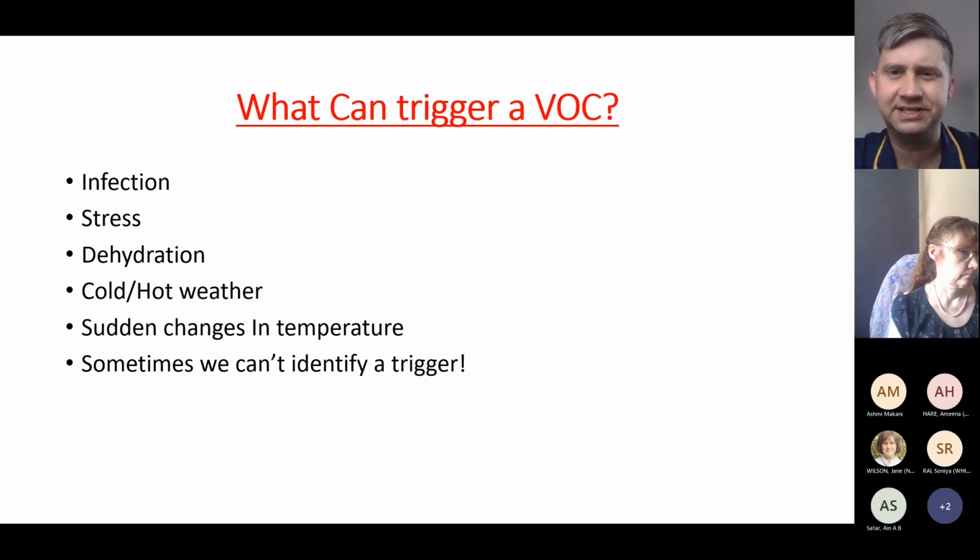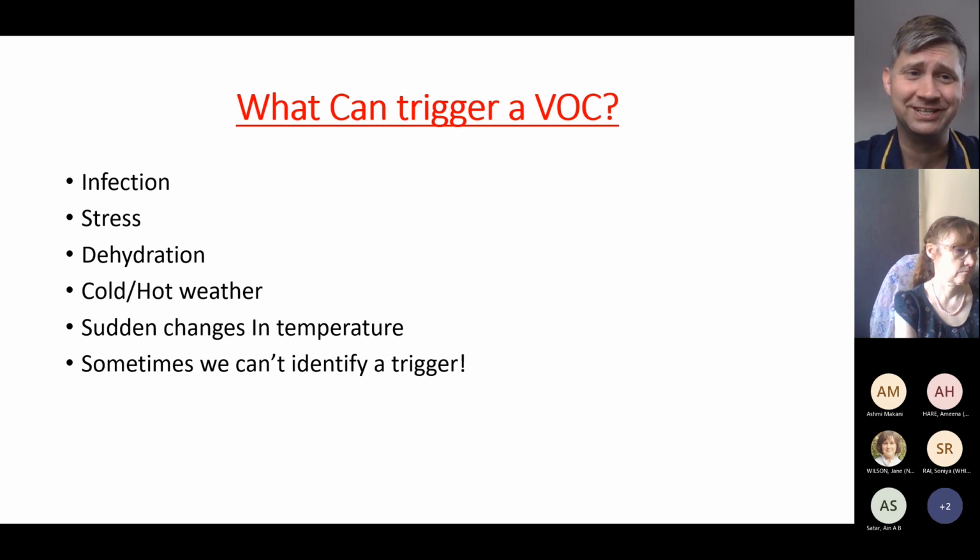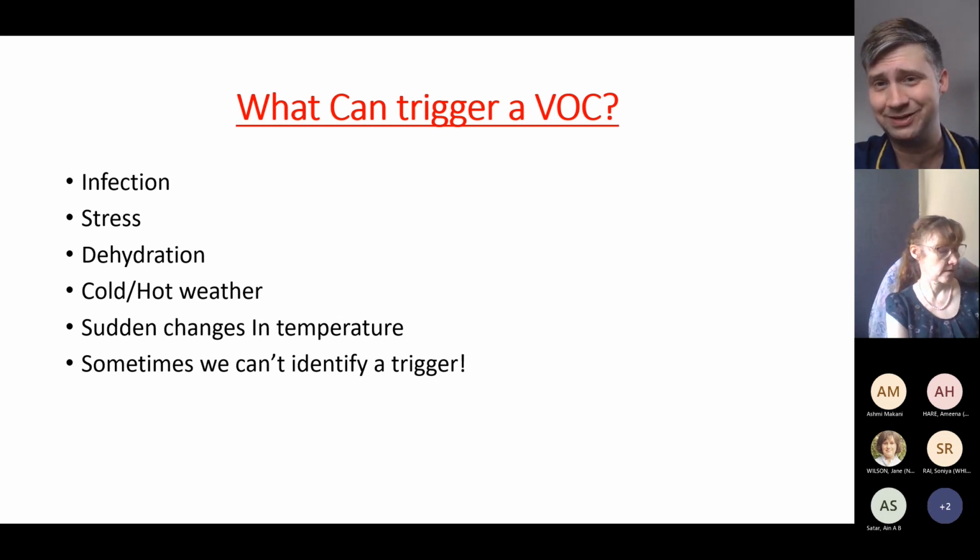So what can trigger a VOC? Does anyone actually know what can cause these clusterings to happen? We know sometimes infection can cause it, and stress as well. Trying to say to someone, try to manage your stress to prevent a sickle cell crisis can be quite tough, especially when we've just had a pandemic.